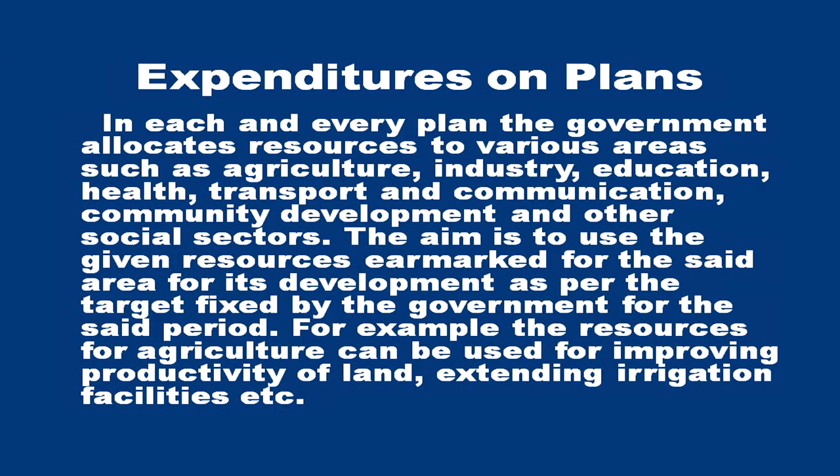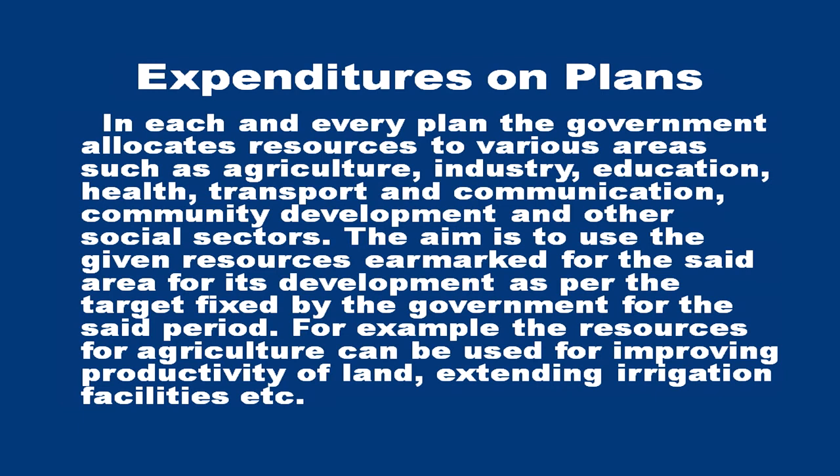How does the government allocate expenditure on plans? In each and every plan, the government allocates resources to various areas such as agriculture, industry, education, health, transport and communication, community development and other social sectors.